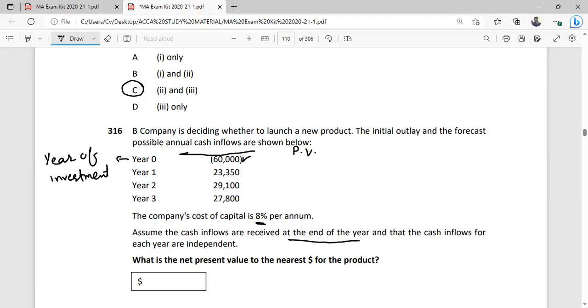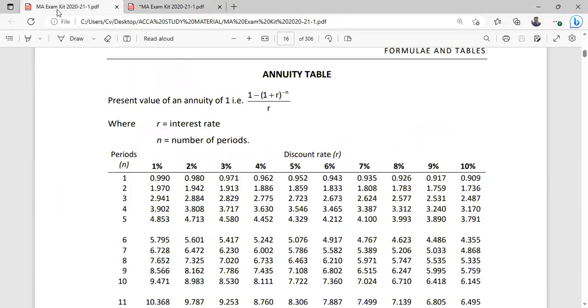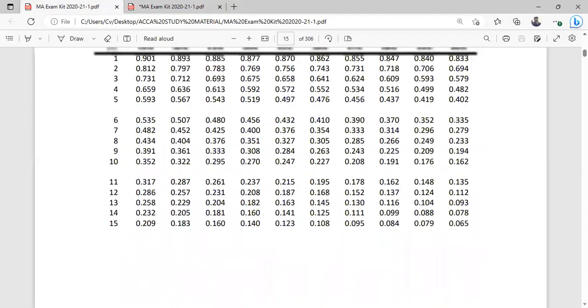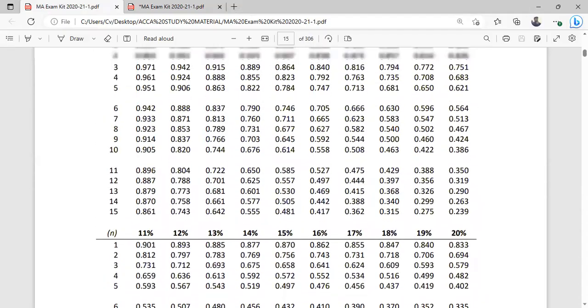Your cost of capital is 8%. So we will calculate present value at 8%. For year 0, we have a present value factor of 1. Then at 8%, we will look at the present value factor. For year 1, we have, sorry, it is the annuity table. The present value table is this one.